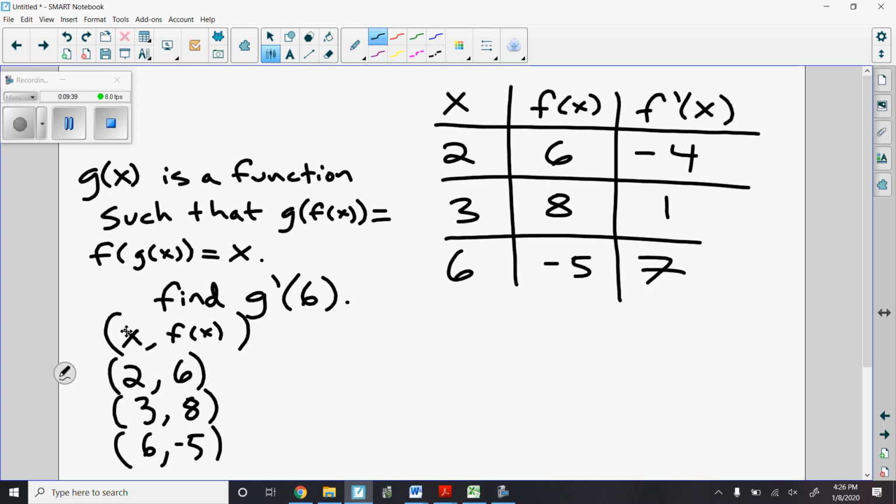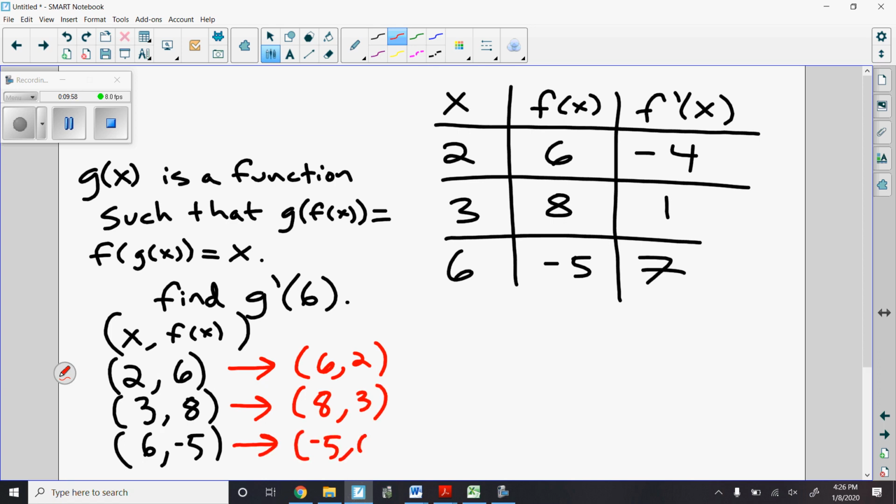Those are all points on F. I want to figure out all the corresponding points on G. These will be points x, g of x. Since we want g prime of 6, the point on F that we care about is the point 2,6.